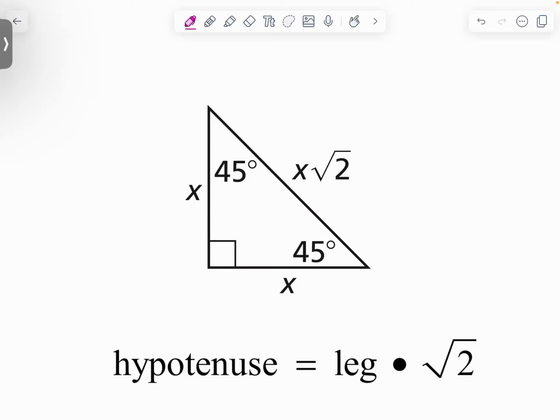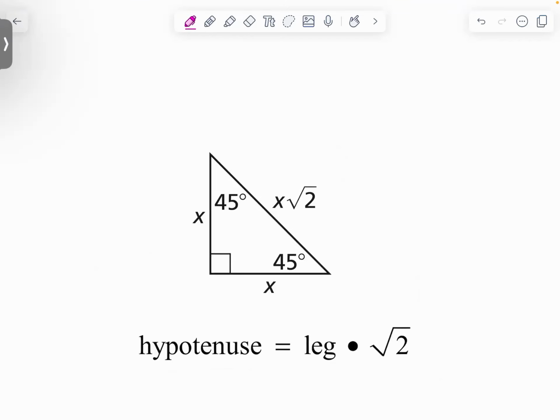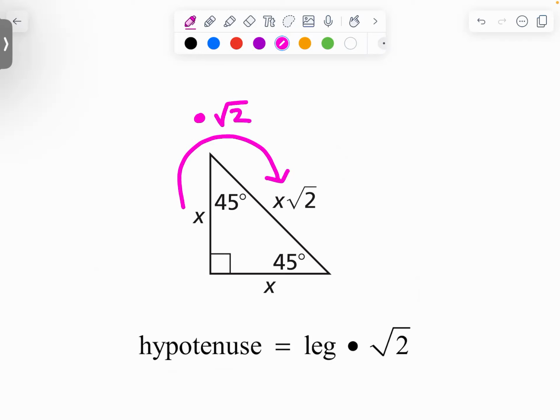So what I want you to draw is this. I want you to draw an arrow from the leg to the hypotenuse, and I want you to put multiply by radical 2. Leg to hypotenuse, we are multiplying by radical 2. What if we have the hypotenuse and we want to go to a leg?